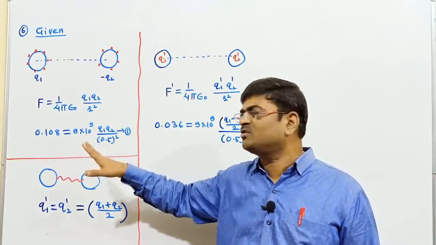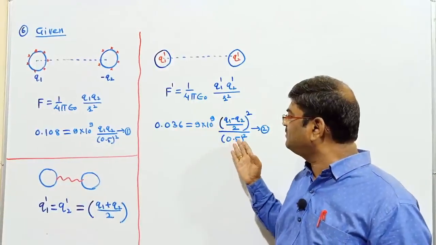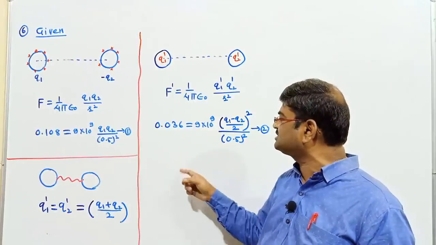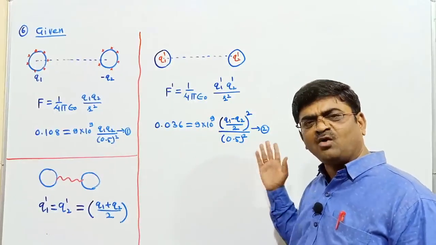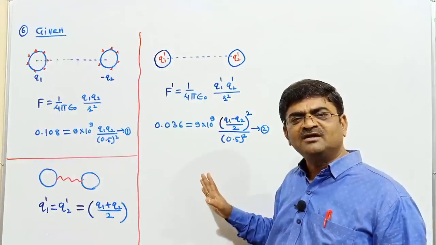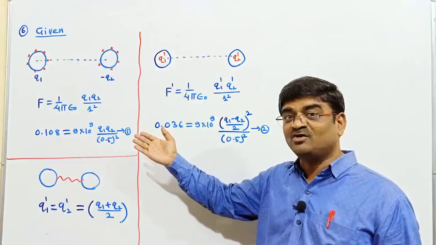Even this, you go ahead and rearrange. You first work out q1 minus q2 by 2 whole square equal to, take a root, q1 minus q2 equal to what you arrive at.